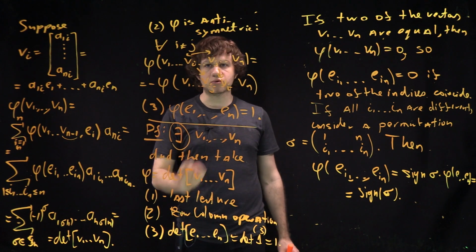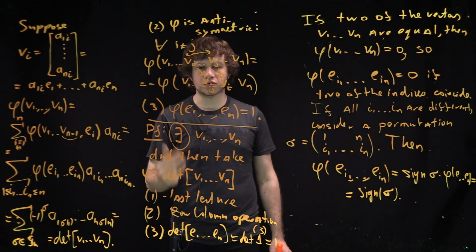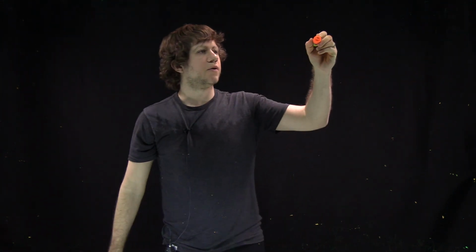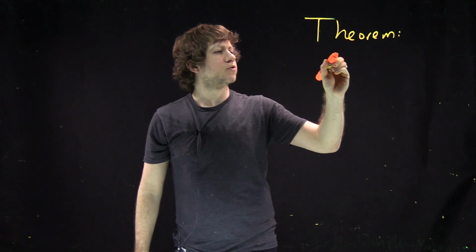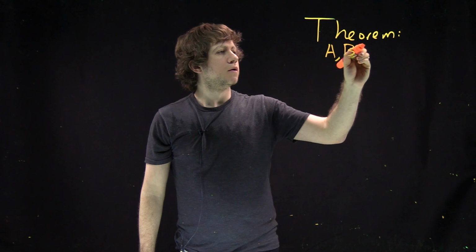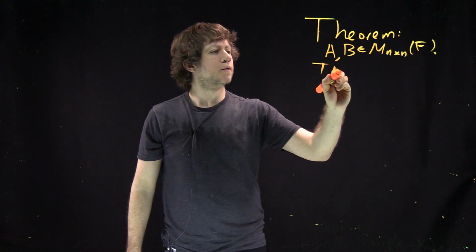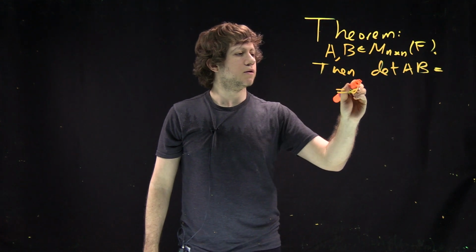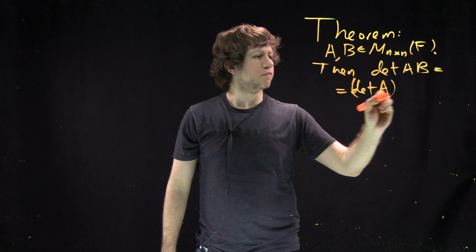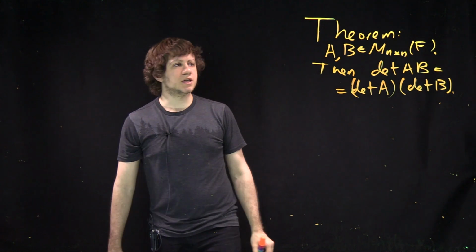So next I will prove that the determinant of a product of two matrices is the product of determinants. Okay, so now we prove the main result of this lecture. Theorem: suppose we have a pair of matrices A and B. Then determinant of A times B is determinant of A times determinant of B. So determinant is multiplicative.